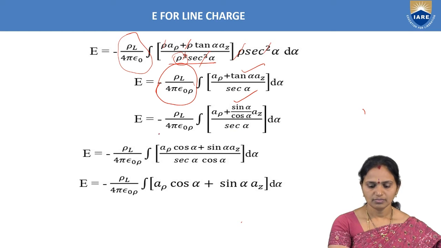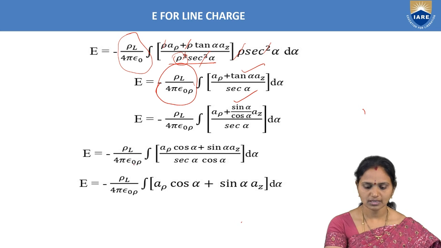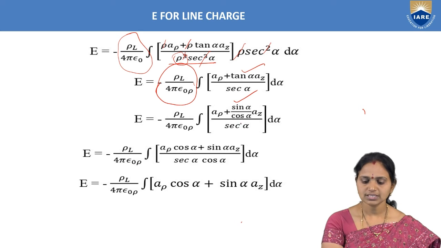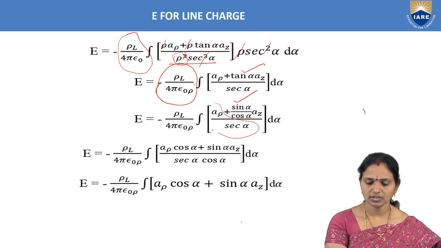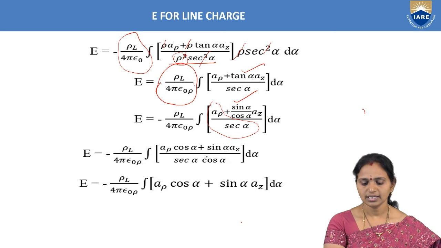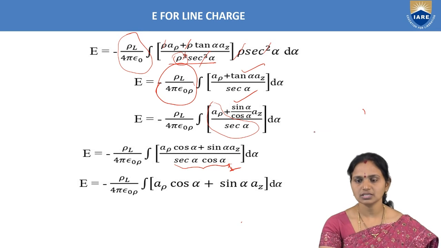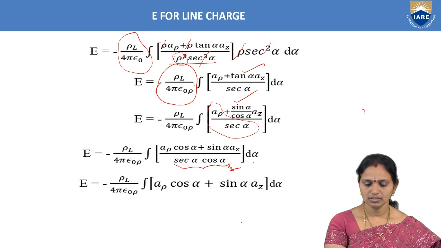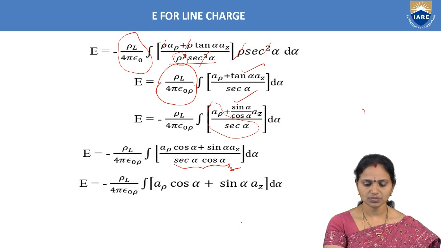Here 1 by secant alpha we can write as cos alpha, so by taking LCM, a rho cos alpha plus sin alpha az divided by secant alpha cos alpha. Secant alpha cos alpha results in 1, because cos alpha is 1 by secant alpha. So finally it is minus rho L by 4 pi epsilon naught rho integral a rho cos alpha plus sin alpha az d alpha.